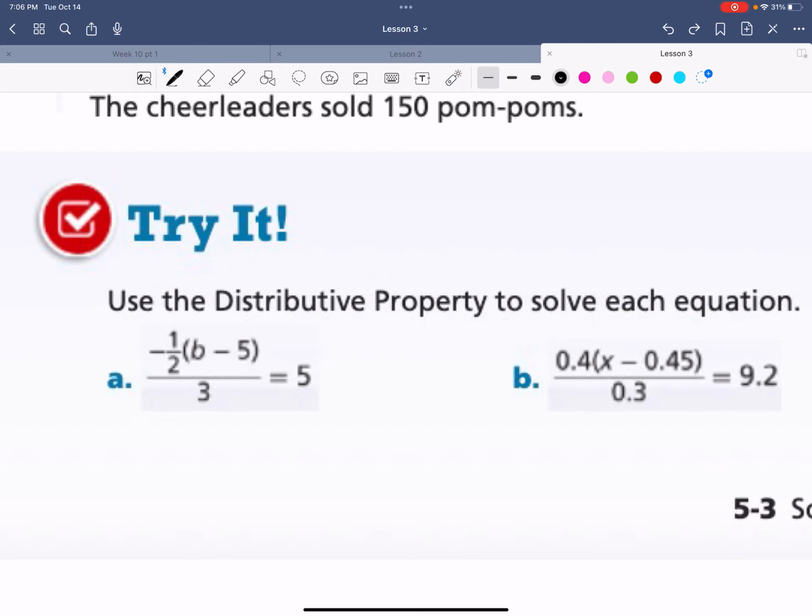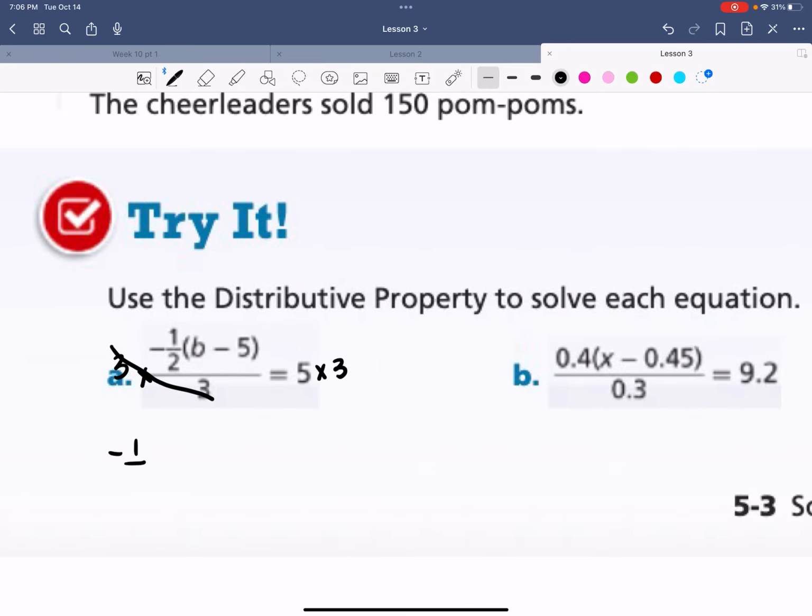So before I can even touch that, I have to get it out of the fraction. To do that, remember, a fraction is the same as division, so I can multiply this by 3, and that will get rid of that. Multiply this by 3, and then I'm left with -1/2 times b minus 5 equals 5 times 3 is 15. Now I can distribute and then solve.